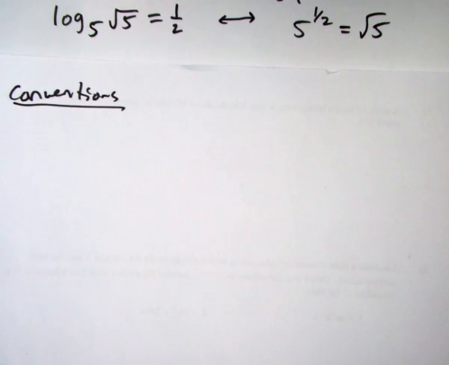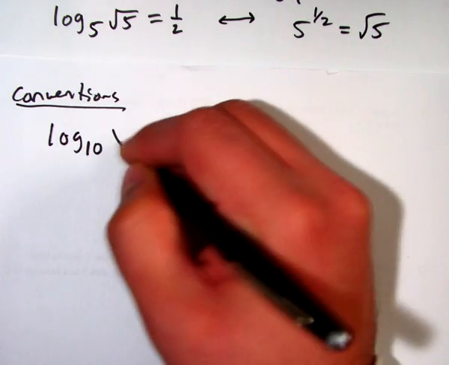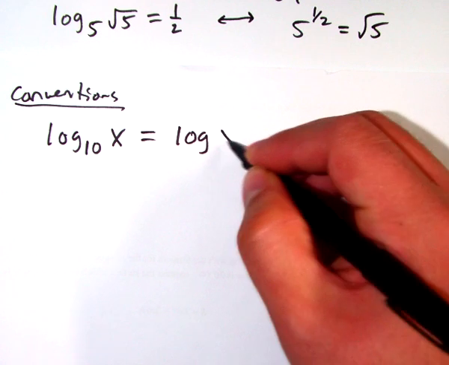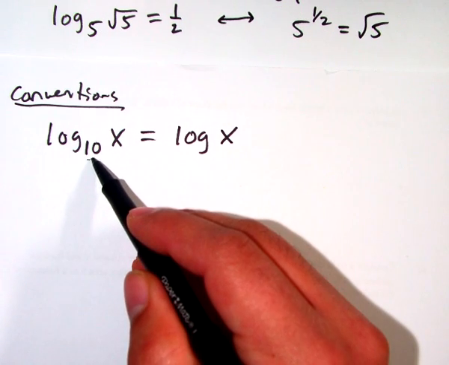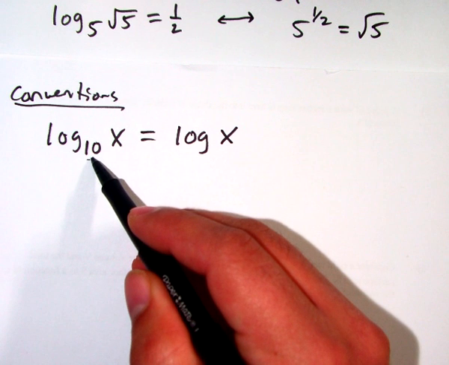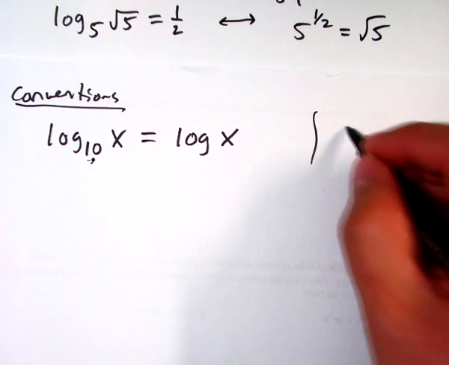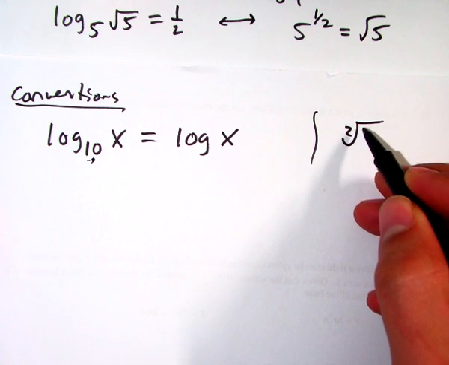So, log base 10 of x is frequently written as just log x. So a lot of times we don't need or write the subscript 10. Just like a square root, we usually don't write the little 2, the index with the root, because it's so common.